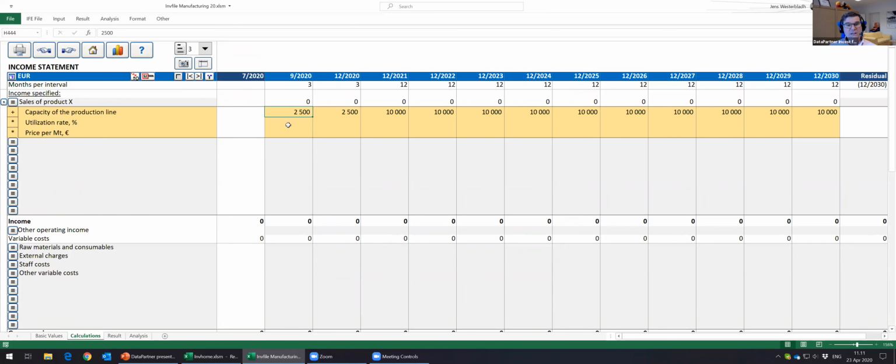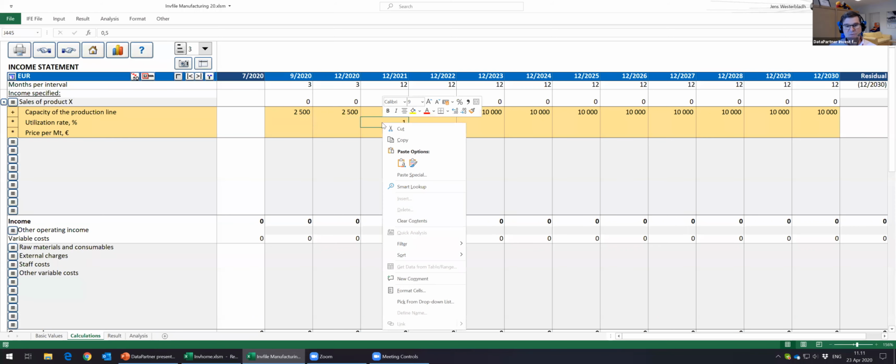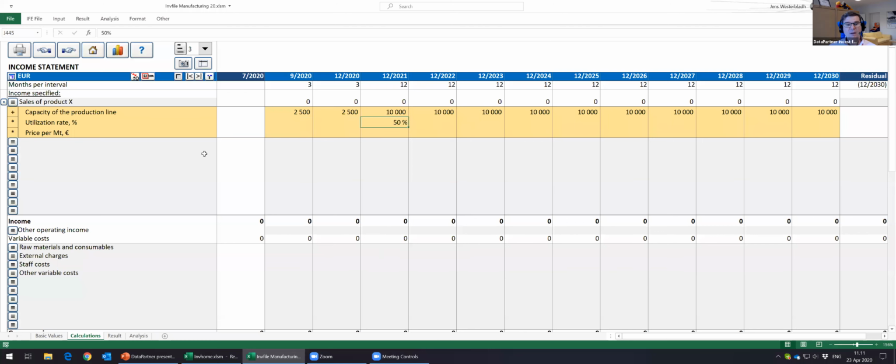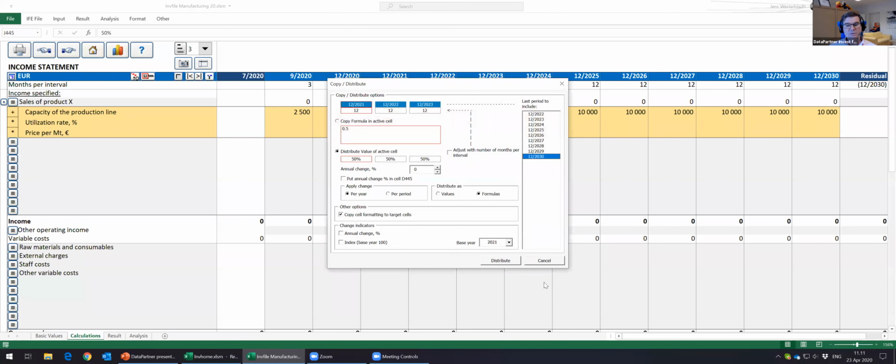And then utilization rate, okay, we don't produce anything during investment phase, but we start here. But we start with only half capacity the first year. So I put 50% utilization rate. And now, because it rounds to full numbers, I format it to percentage. And I can distribute it so it copies the formula.